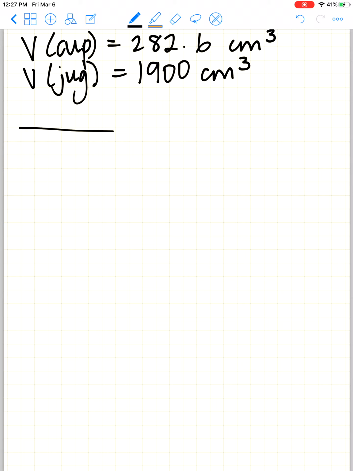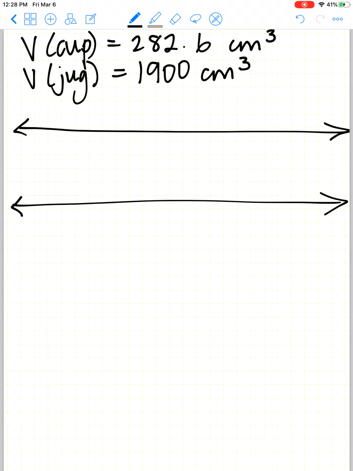Some people might solve that kind of a proportion by looking at an open number line and comparing the number of cups. So when we have 1 cup, we know that we have a volume of 282.6. That's not an easy number to work with, so I'm going to start by estimating. I'm going to use a value of 300, and I want to figure out when I have a volume of 1,900, how many cups do I have?